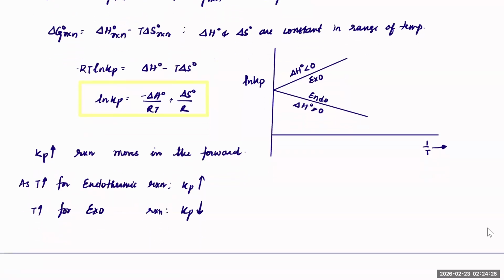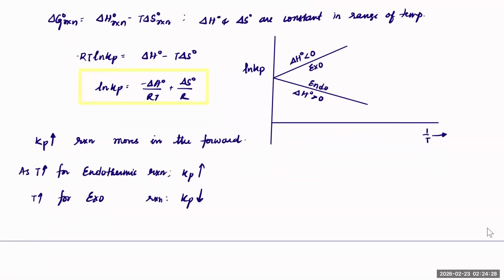So it shows that endothermic reactions are favorable at high temperature, and exothermic reactions are unfavorable at high temperature.